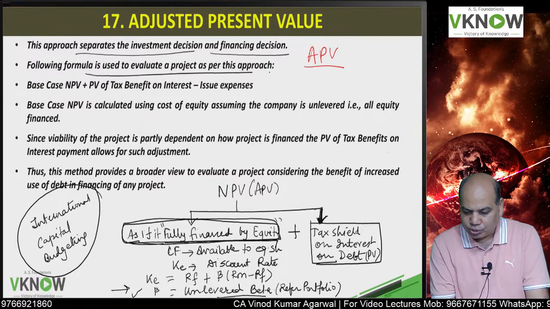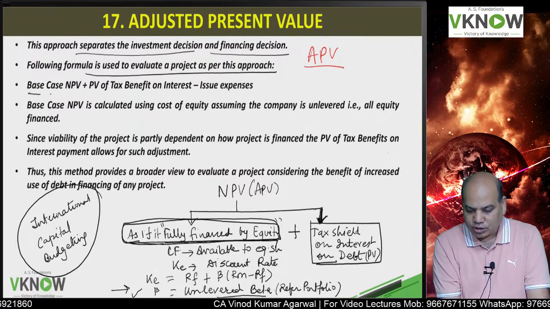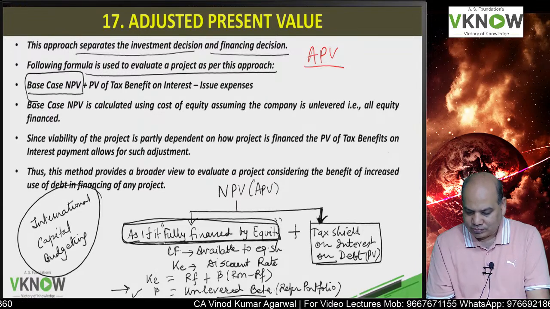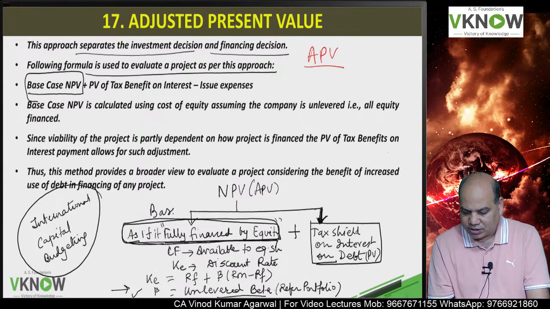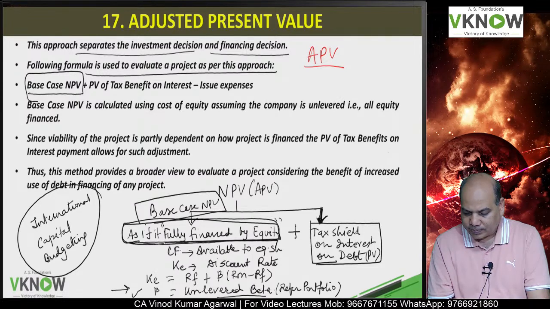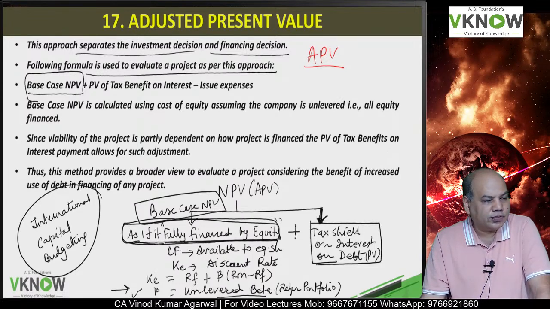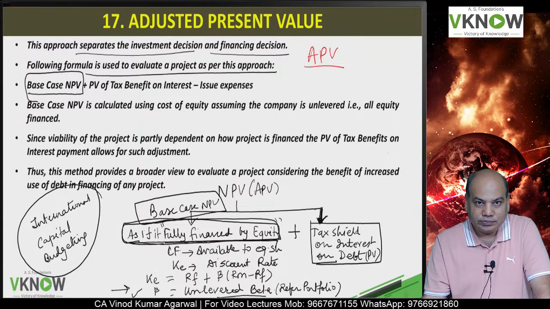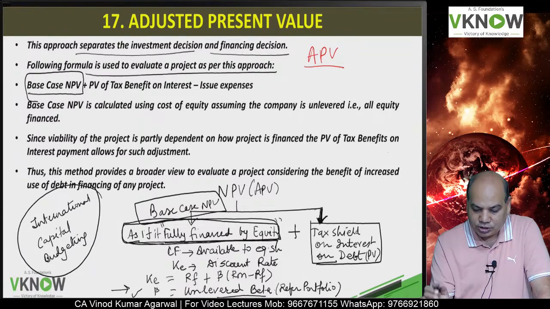So how do I compute the NPV? First you compute base case NPV. What is base case NPV? Assuming that the project is fully financed out of equity, no use of debt, only for assumption.